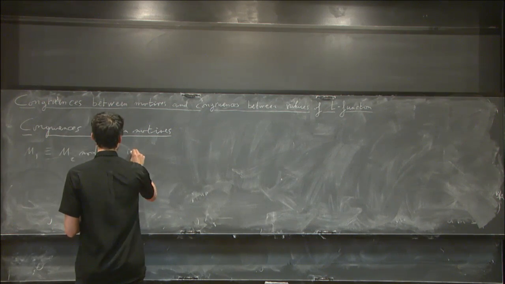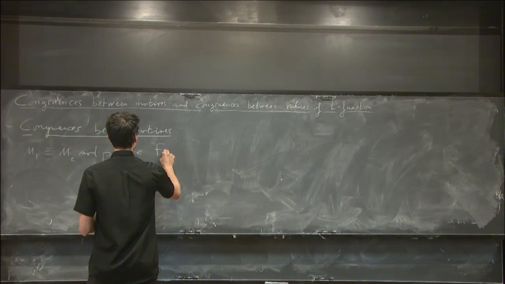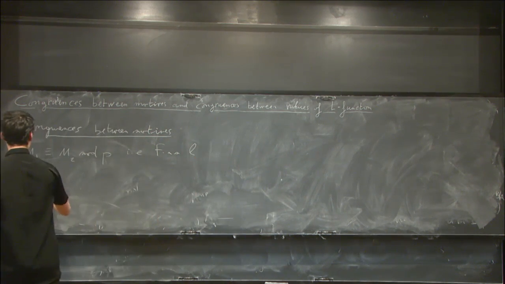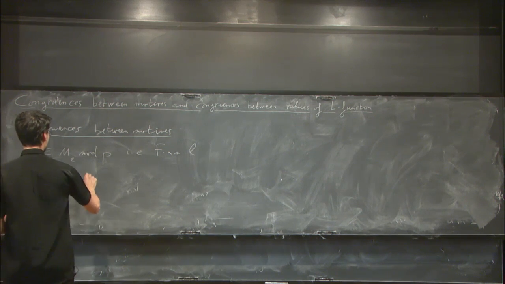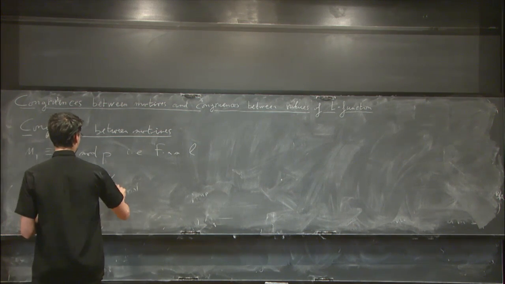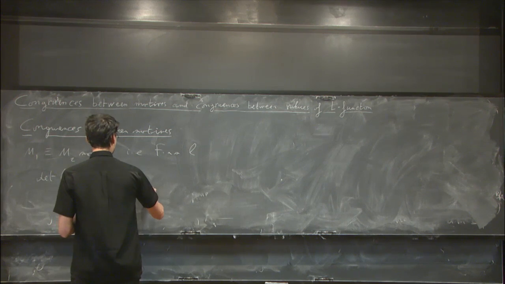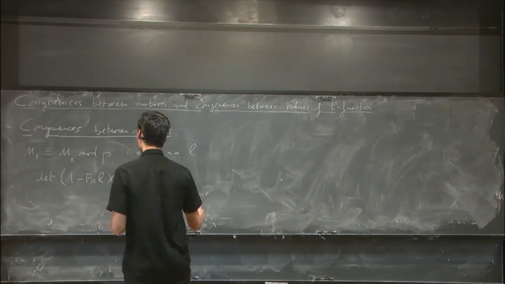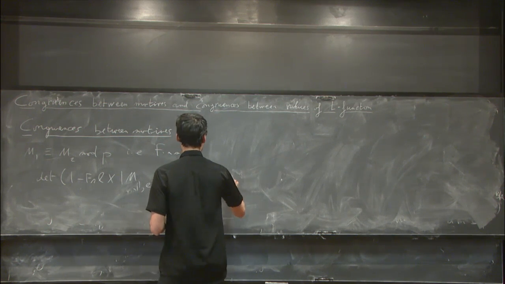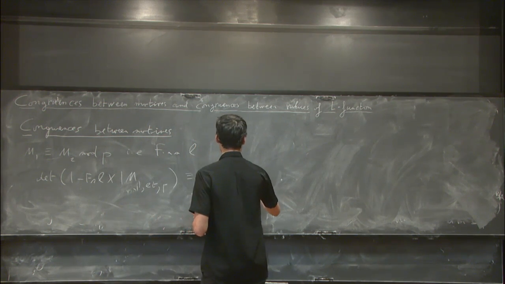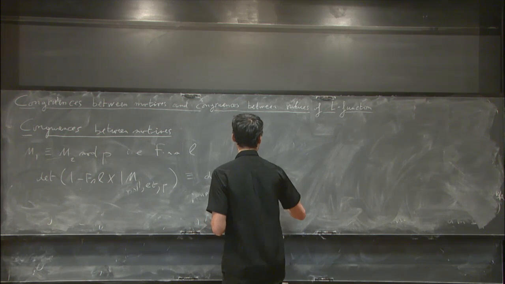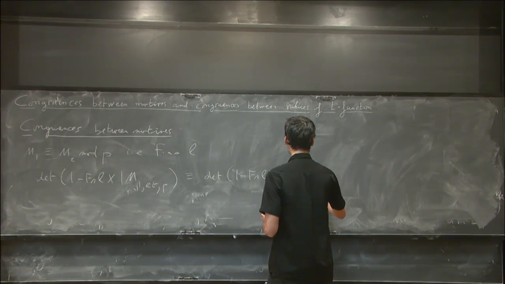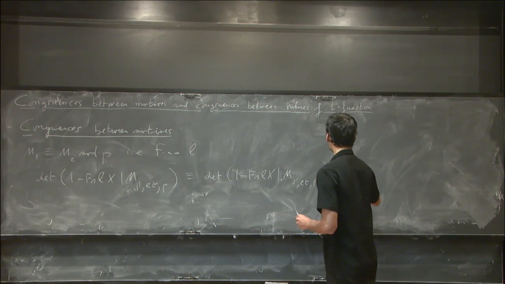And by that, I mean that for almost all L, the characteristic polynomial of the Frobenius morphism at L acting on the p-adic étale realization of M1 is congruent to the characteristic polynomial of the Frobenius morphism at L acting on the p-adic étale realization of M2 modulo P.